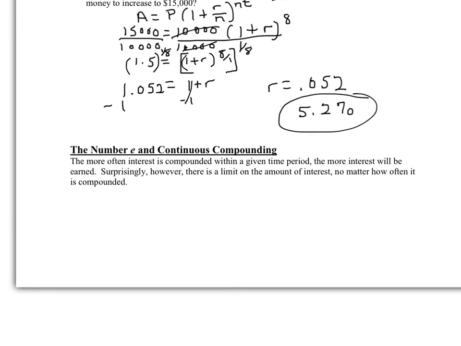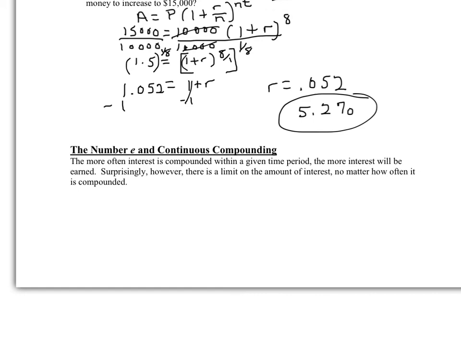Now, that's one type of compound interest. That's when we see a word after compounded that talks about a measurable unit of time. In other words, n is a number of times in a year that we can count up that the interest will be compounded. But more and more often you will find that interest won't be calculated that way. Instead, it's compounded continuously.